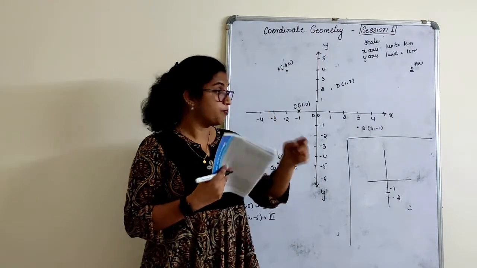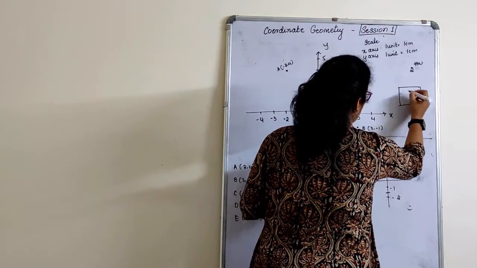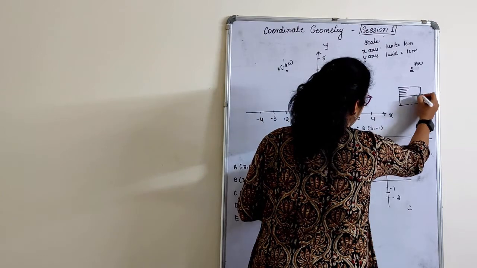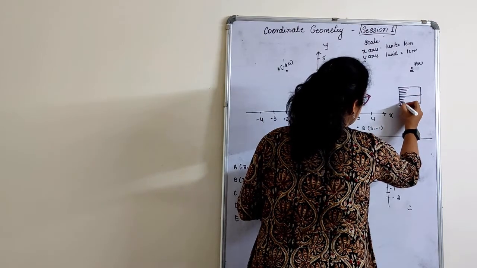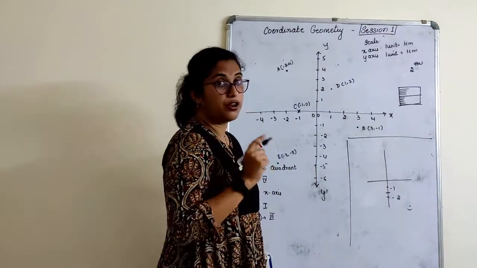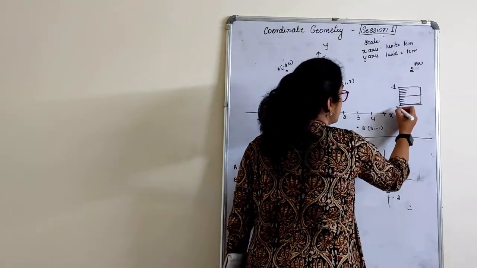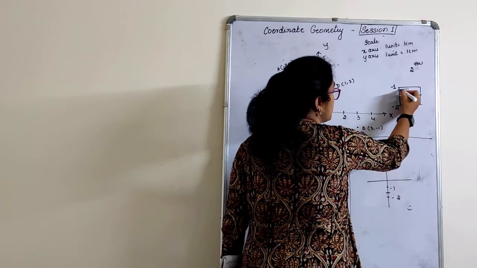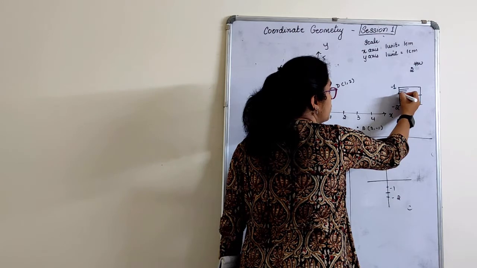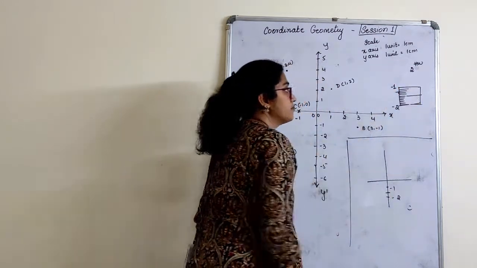See here, I just draw the small boxes here. So this is 1, 2, 3, 4, 5, 6, 7, 8, 9, 10. This is your box, okay? The smaller lines I have drawn. So this is -1, -2. So this is -1.1, -1.2. This is -1.3. So your 1.25 will come here.